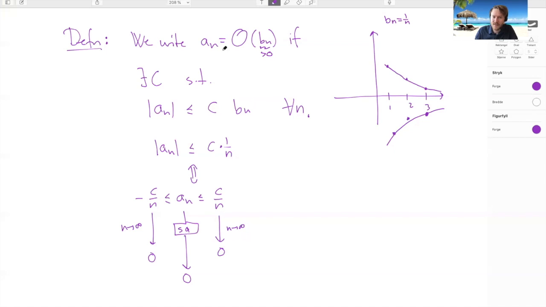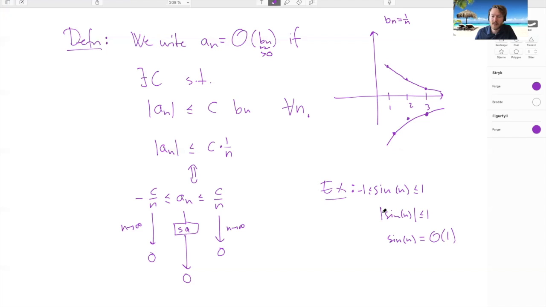So this is a very efficient way of telling us about the growth of a sequence in a way that's suitable for algebraic manipulations. For instance, if I take another example, I know that sine n is less than 1 and bigger than minus 1. So this means that sine n is less than 1 in absolute value, so sine n is equal to big O of 1.